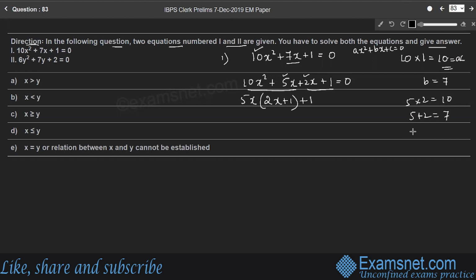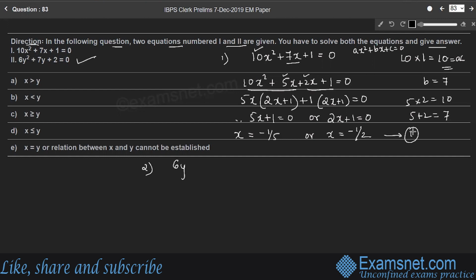In the last two terms, 1 is common. 2x plus 1 is equal to 0. Therefore, 5x plus 1 is equal to 0 or 2x plus 1 is equal to 0. Right? Next, x is equal to minus 1 by 5 or x is equal to minus 1 by 2. Consider this as 1. Next equation.